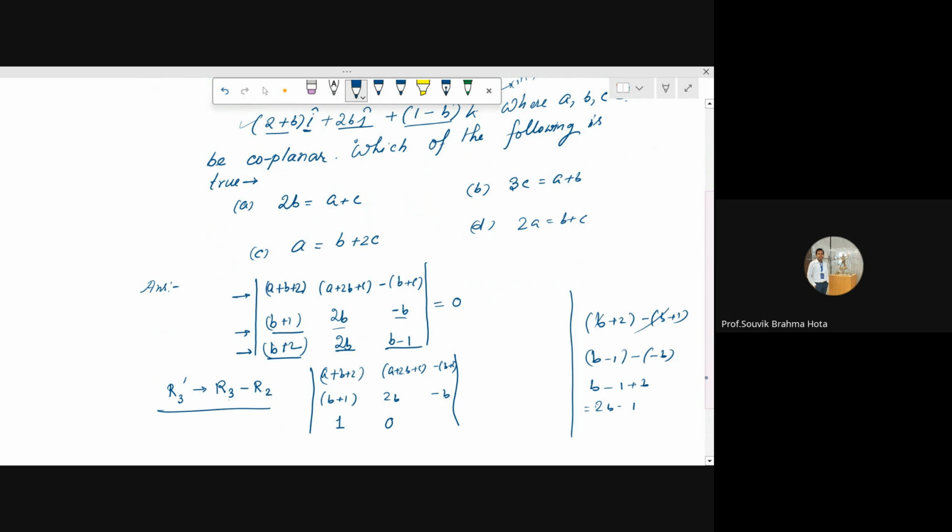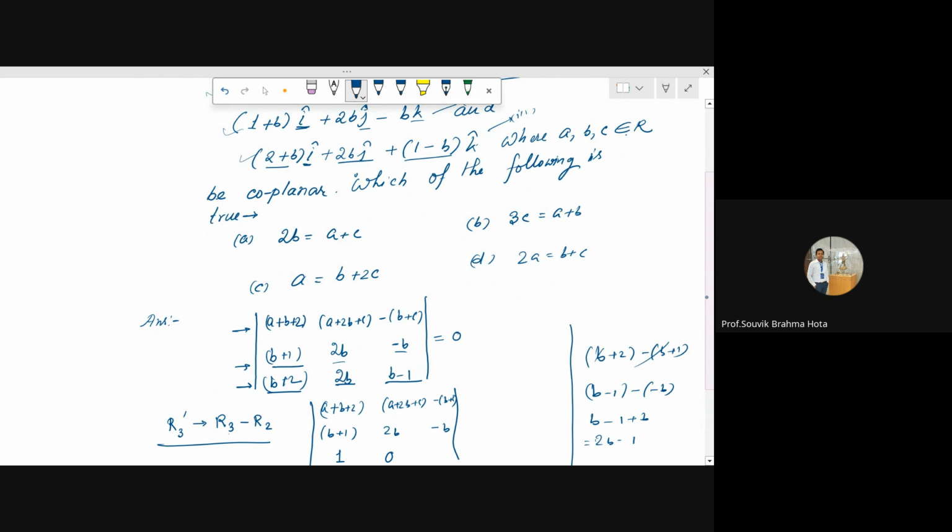Okay. Minus b into what there? Is it b - 1 or 1 - b? It is 1 - b, sorry. In this case it is 1 - b, or I can say it is minus b plus 1.